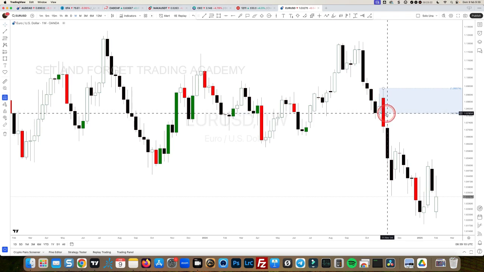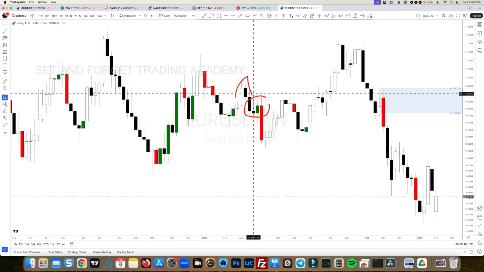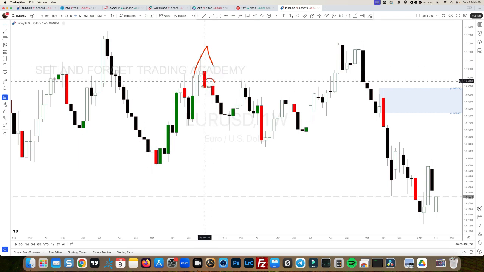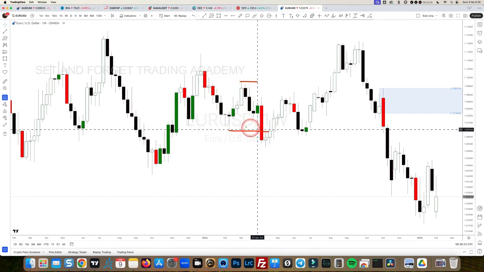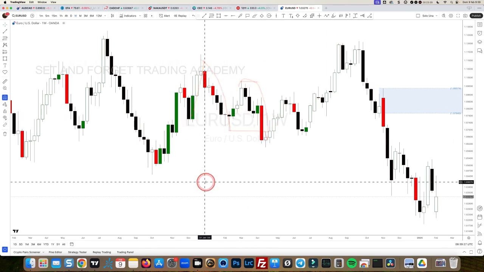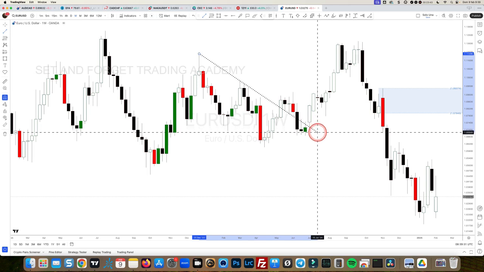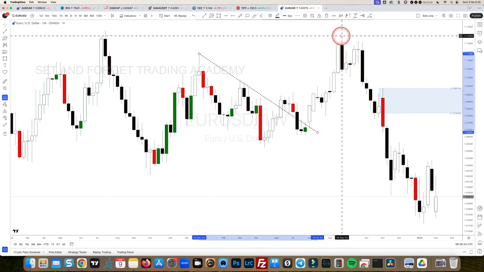If we continue going to the left, we are going to detect a valley there, and then this is a CP, and this is a peak, and this is another peak. This is a CP. Since we have a peak there that printed a low lower than the first peak, we have this trend line.